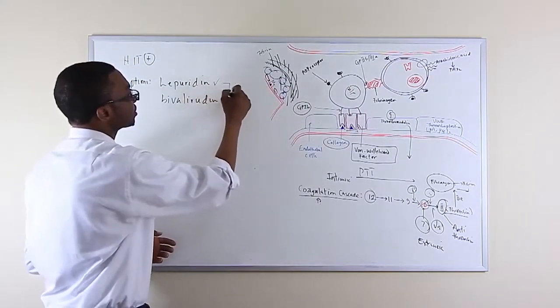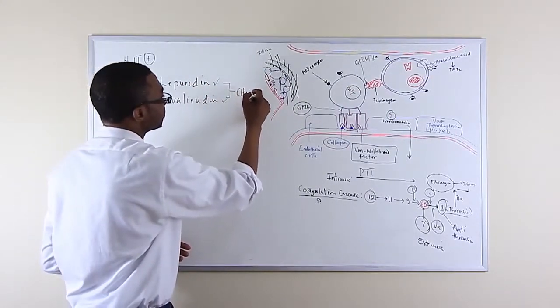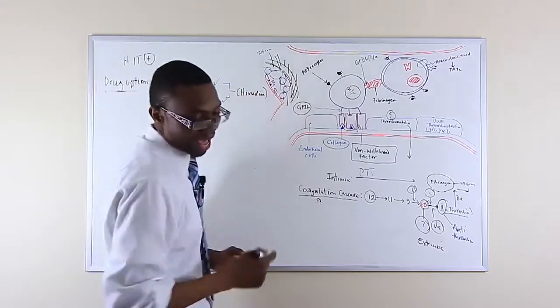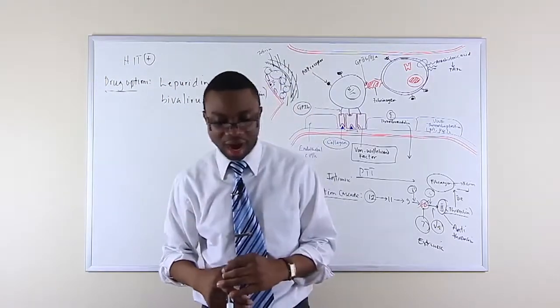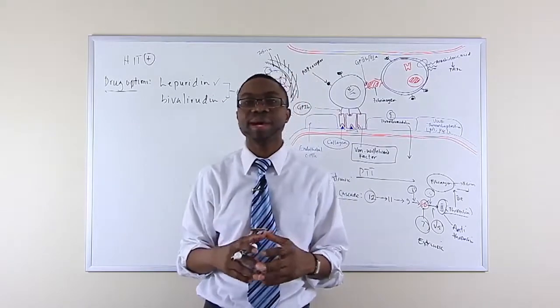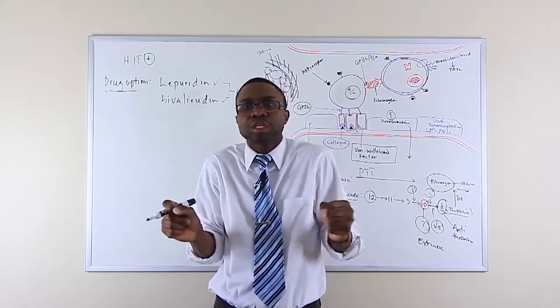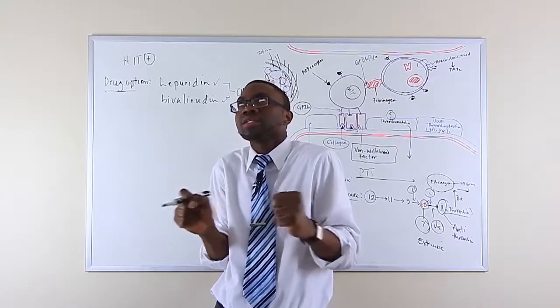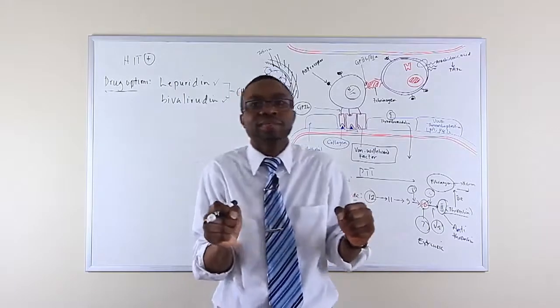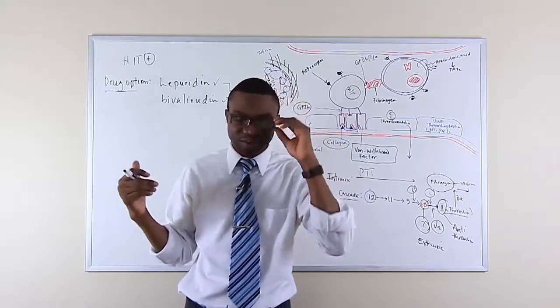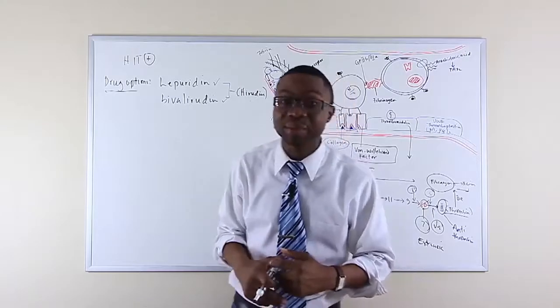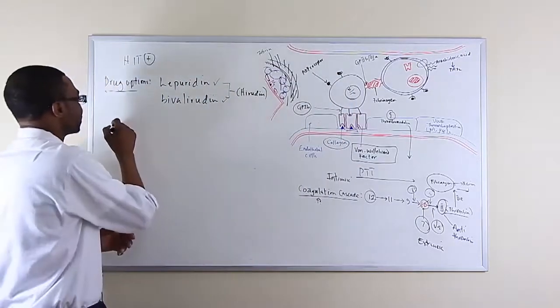These drugs are both derivatives of hirudin, which is an anticoagulant used by leeches. Ooh, leeches. Those are blood-sucking organisms, like vampires. They actually come from leeches, and they inhibit thrombin. That is their mechanism of action.